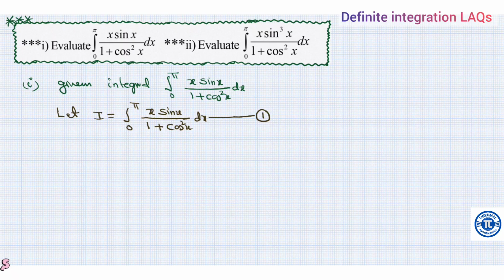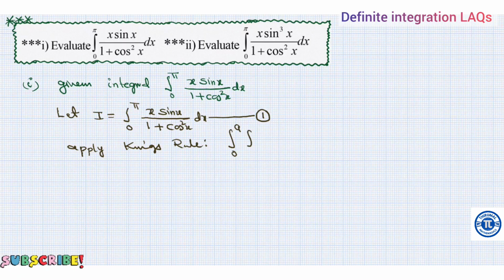Okay, now apply King's rule. King's rule is that the integral from 0 to a of f of x dx is equal to the integral from 0 to a of f of a minus x dx.